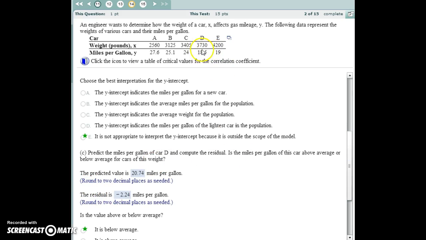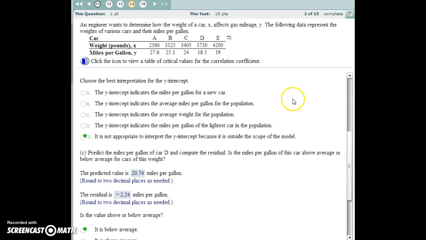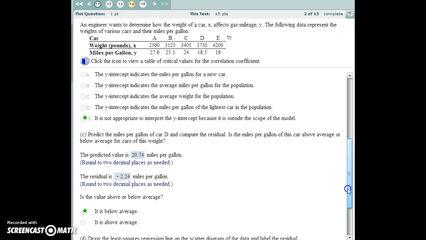Now our actual value from our data was 18.5, and the difference between the predicted value and the actual value of 18.5 is 2.24, and we do negative because it's below the line. So if you take that actual value minus the predicted value, you get a negative, and that's because our data point is below the line.